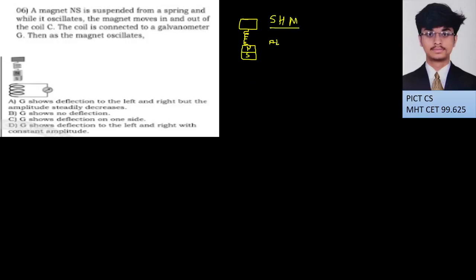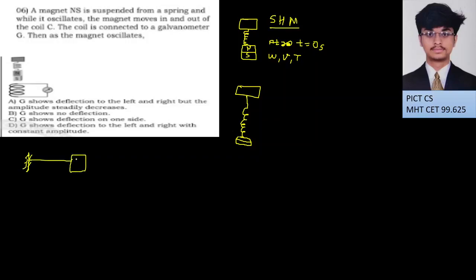At t equal to 0, let's assume it has angular velocity omega, linear velocity v, time period T. So it is at t equal to 0 seconds. After some time, the compression will be a bit less, and it will reach somewhat here. Say this is the midpoint of its total path. So you all know, you can compare it with basic SHM system, right?